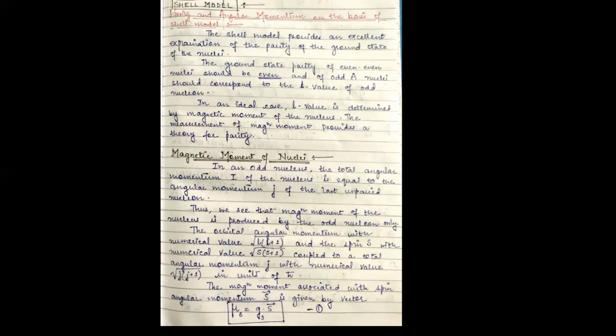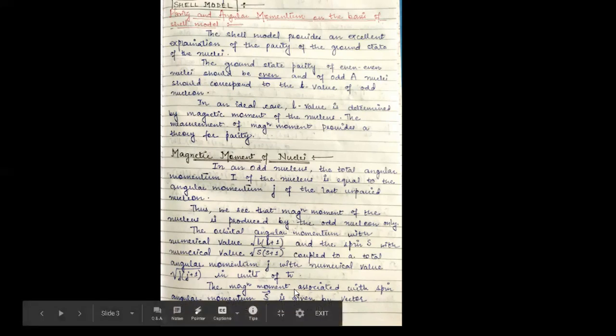And here the value of h bar is equal to h upon 2 pi, where h is Planck's constant. The magnetic moment associated with spin angular momentum S is given by the vector mu S equal to g_s into S vector. The magnetic moment associated with orbital angular momentum, vector mu L, is given by mu L equal to g_l into L vector.